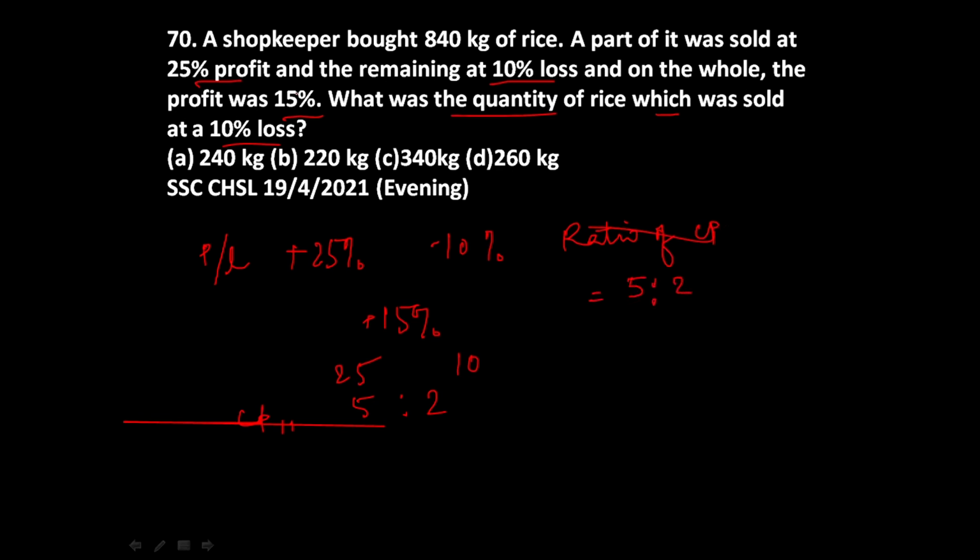Clear? So what is the quantity of rice which was sold at 10% loss? That was the second part. So it will be 840 into 2 upon 7. How much is it? 240 kg. Clear? You have to do it by this allegation process. Okay, fine.